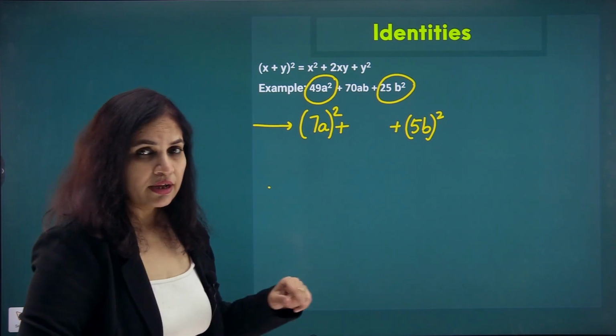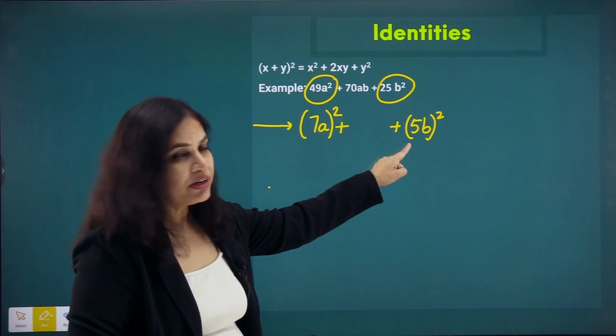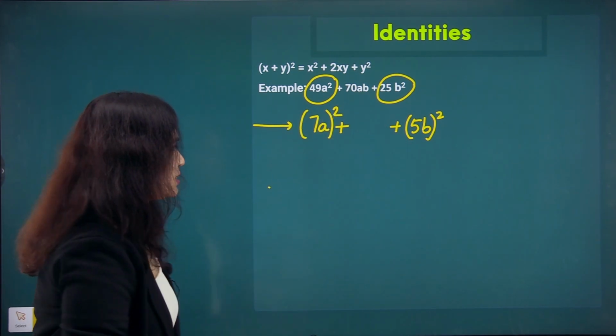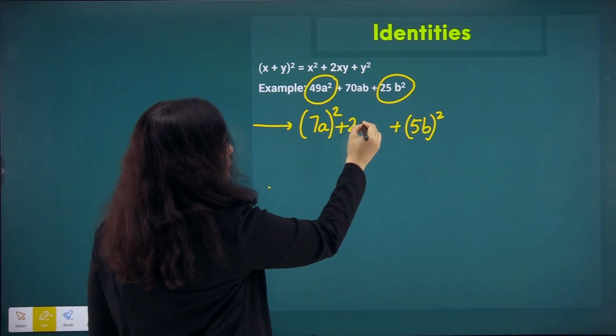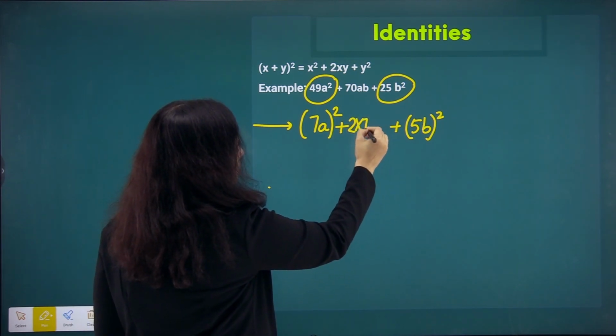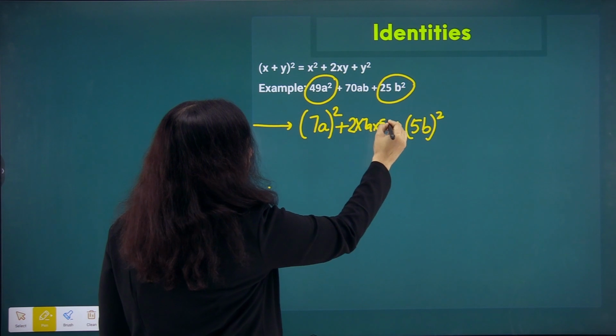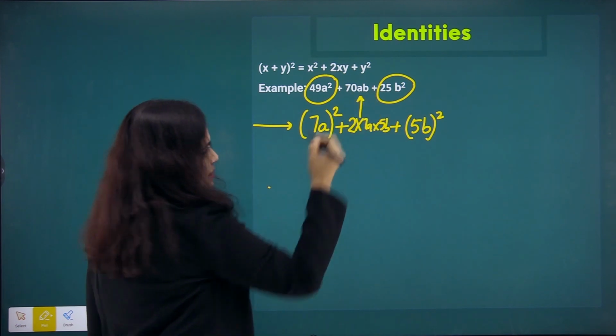Now I will check whether 2 into 7 into 5 will give me 70. Yes, if I multiply 2 into 7a into 5b, it is giving me 70ab.